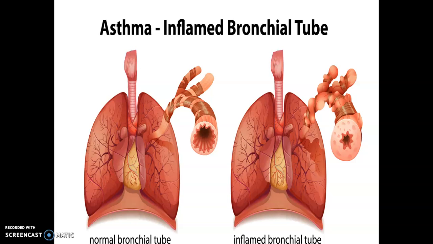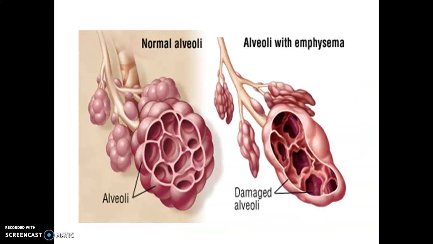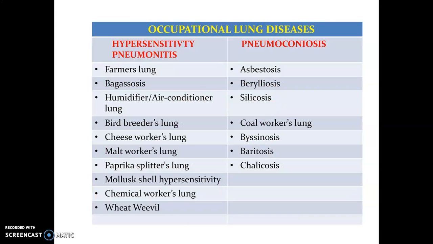Smoking kills. You know that smoking is a suicide and a murder at the same time. The effect is greater in passive smokers than active smokers. Then occupational disorders, that means job-related disease.